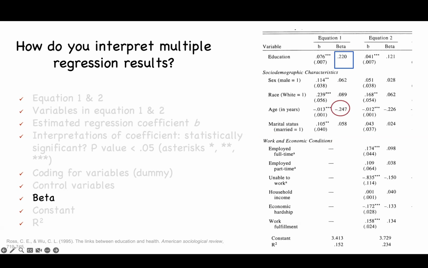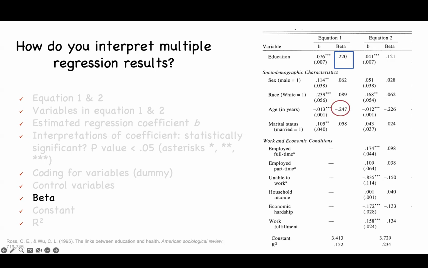In this case, the standardized coefficient beta solves the problem by putting everything into a common metric: standard deviation units. For example, in equation 1, an increase of 1 standard deviation in education led to an increase of 0.22 standard deviation in self-reported health, row 1.